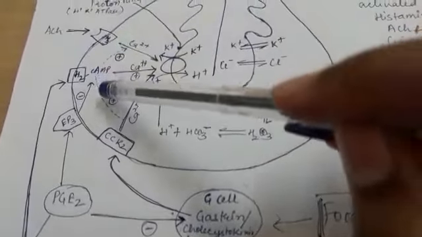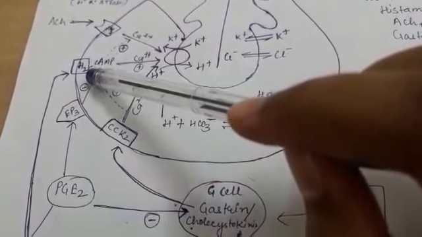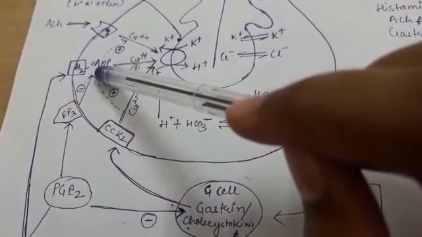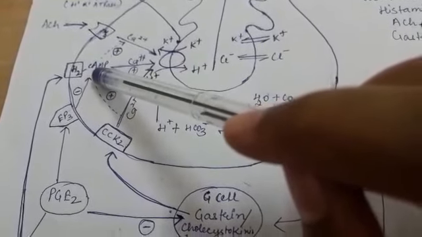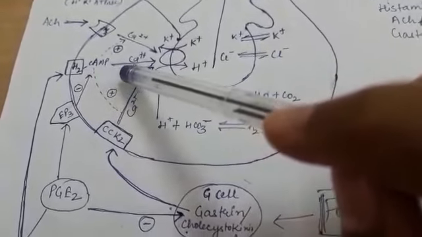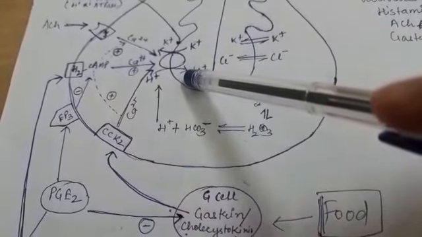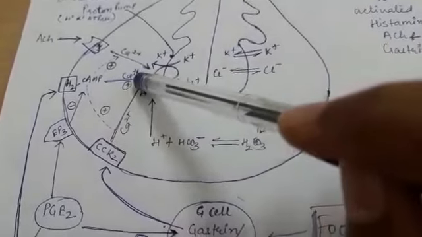The major dominating factor is histamine. When histamine binds to the H2 receptor, it acts by increasing the formation of cAMP. The cAMP, when formed, activates this hydrogen potassium ATPase pump, and there is involvement of calcium ions also.